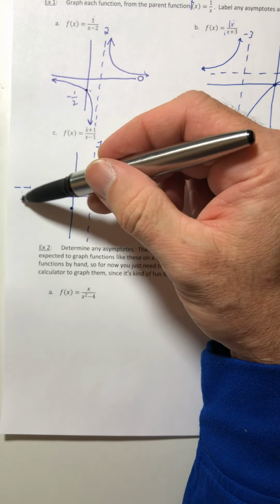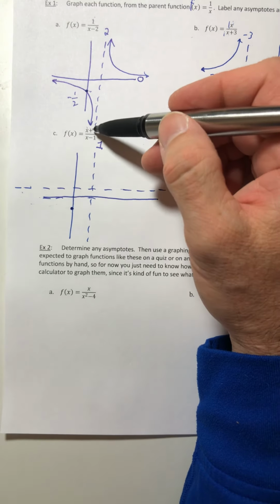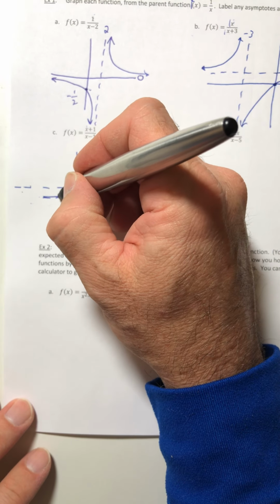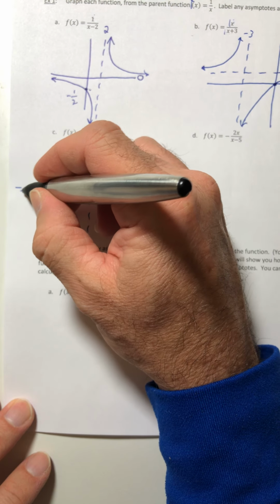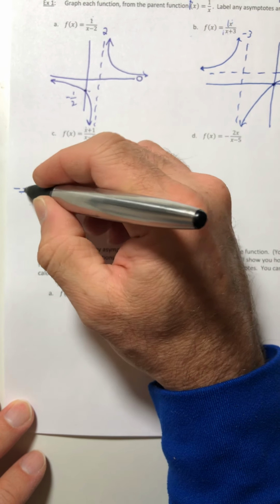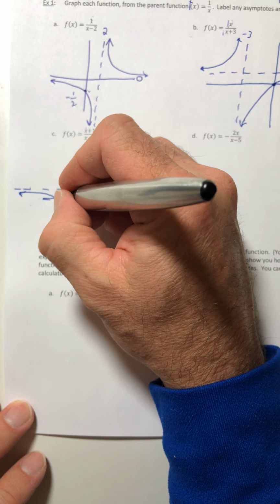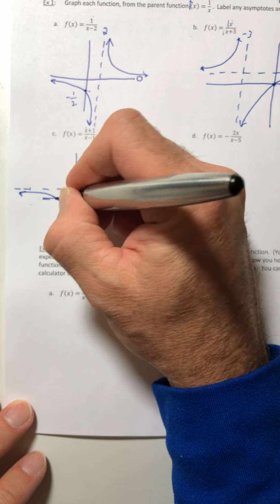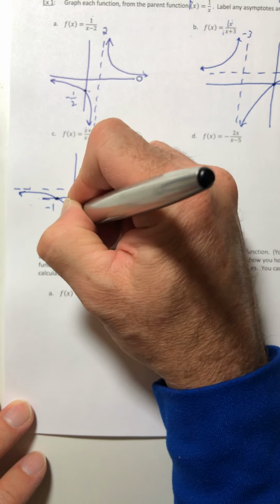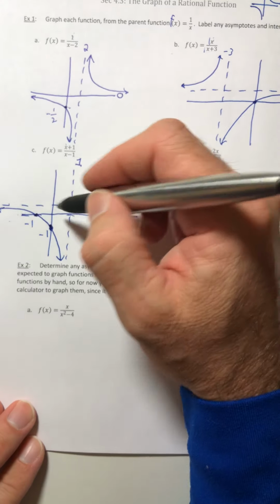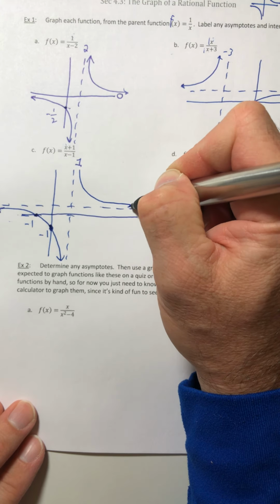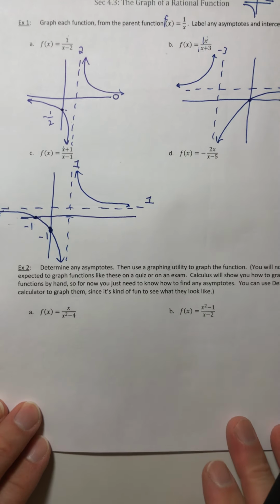So that means there's an x-intercept somewhere in here. If I set the numerator equal to 0 and get an x-intercept, that's just going to be -1 as well. So there's your curve. Kind of missed, so just make a bigger dot. Since this curve is down here, that means the second curve is up there on the right.